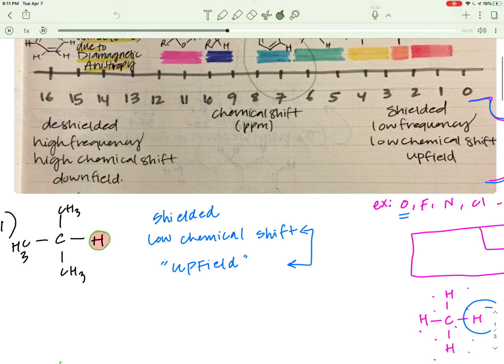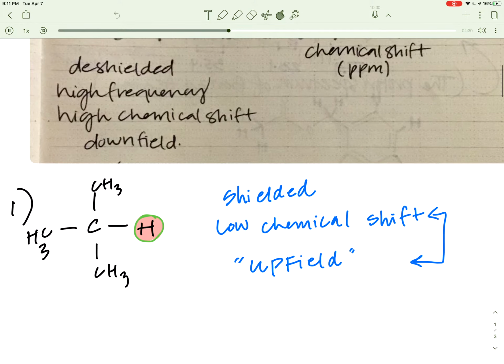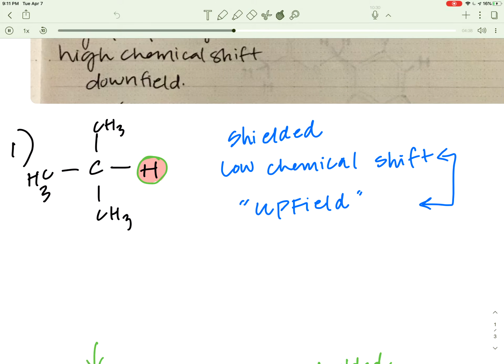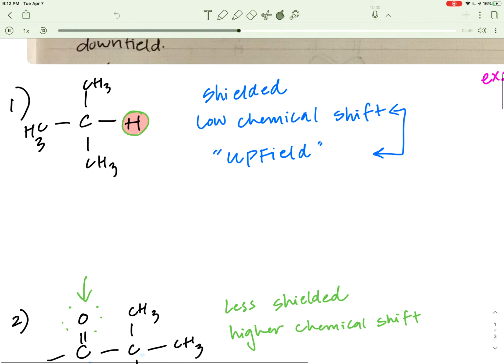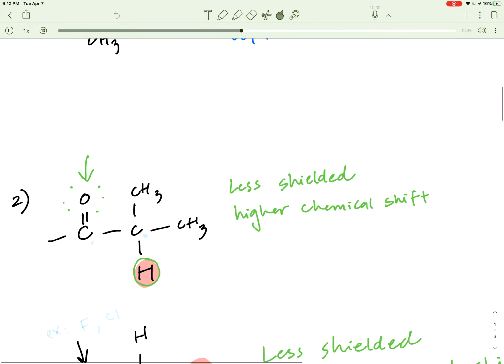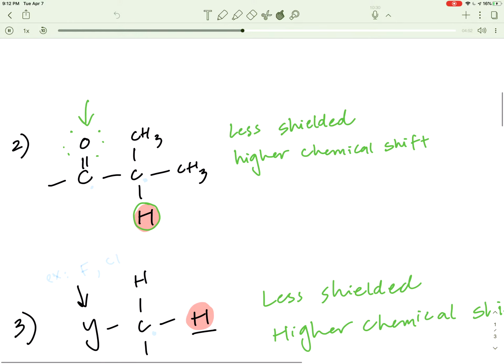Let's look at this one first. This hydrogen, we consider that to be shielded because if you look around, there are no electronegative atoms anywhere, right? That tells me it's shielded, it has low chemical shift, and it's going to be upfield. So in this example, I introduced an electronegative atom. In this case, it happened to be an oxygen, but I did not put it right next to the hydrogen.